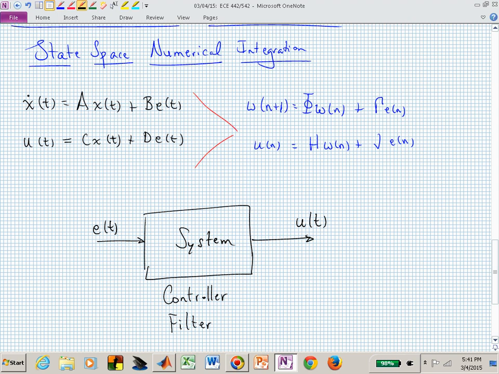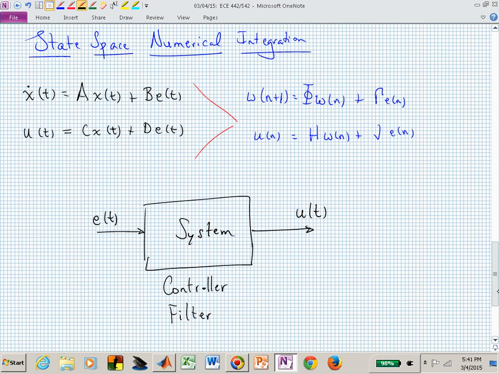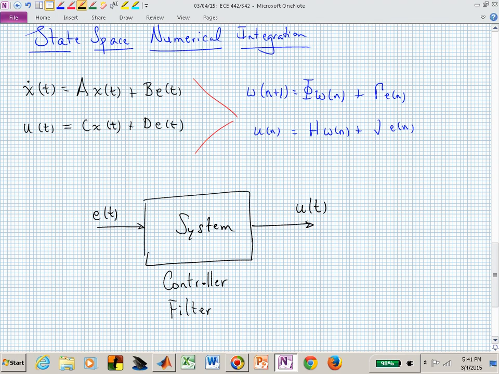We want to find equations for phi, gamma, h, and j, and you now are tasked with the following. I want you to find phi, gamma, h, and j using numerical integration, but one in particular, which is the backward technique.